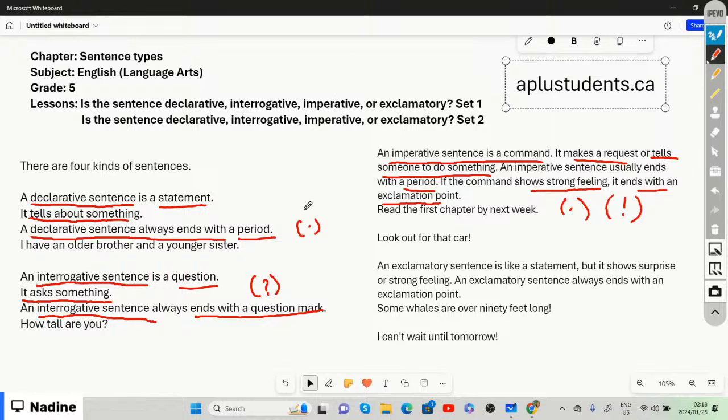And then we have an exclamatory sentence. An exclamatory sentence is like a statement, but it shows surprise or it shows strong feeling.